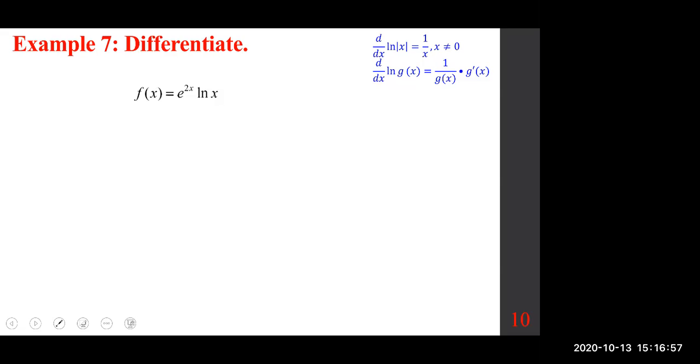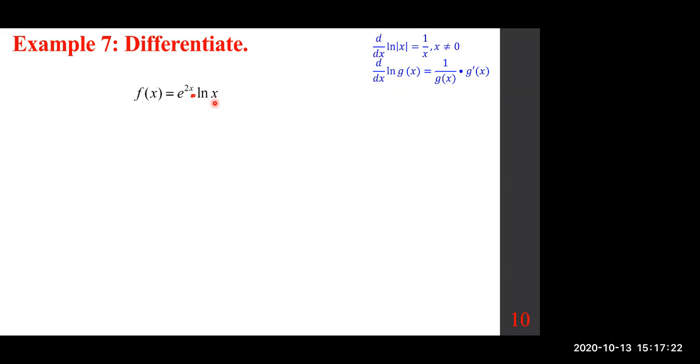Product rule. Okay. Let's put a raised dot in between. And now it's a simple case of a product rule. e to the power of 2x is e to the power of 2x times 2 times ln x.